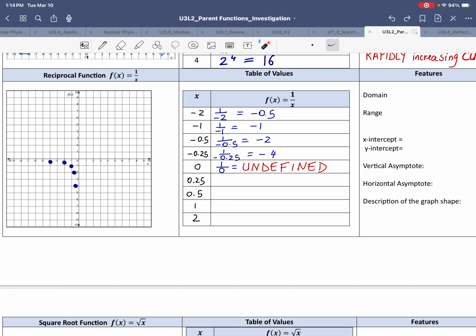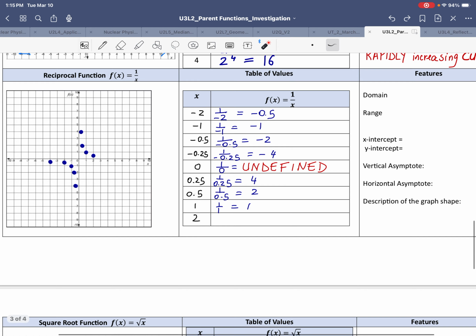And next, we'll continue with some positive values. So 1 over 0.25 would be equal to positive 4. So 0.25, 4. Next, we have 0.5. So 0.5 will be 2. When x equals 1, y would be equal to 1 over 1, which is 1.